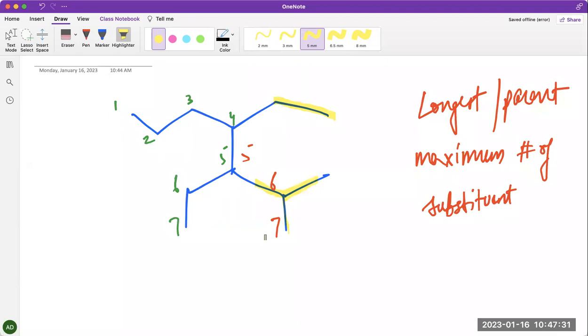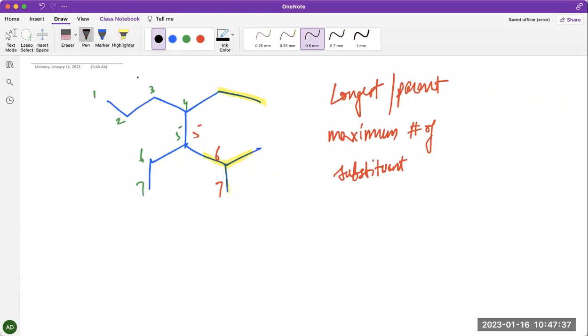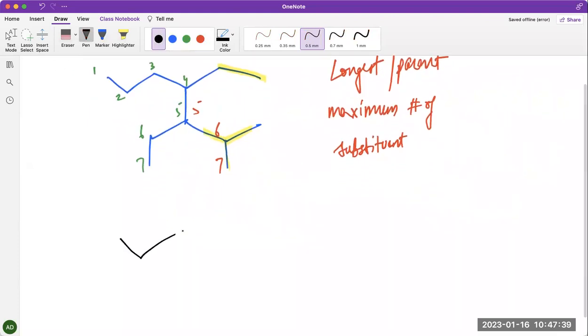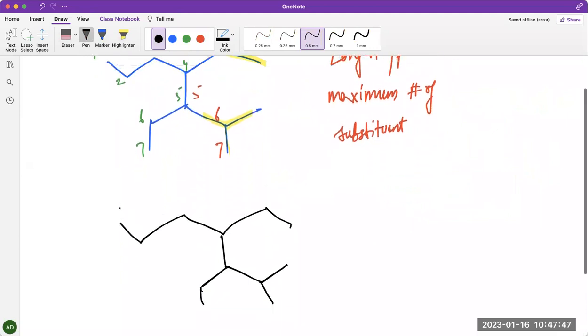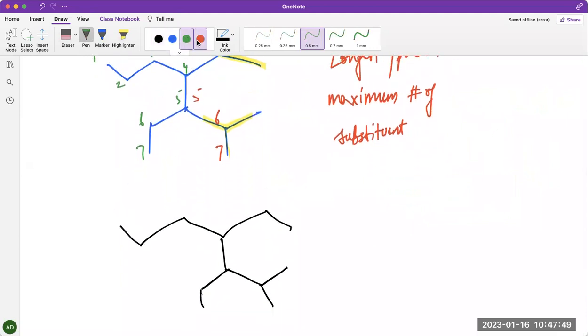If I go the other way, let me actually draw this again so that this makes more sense. For the next option, I don't want to mix this too much. Okay, the other option that we were dealing with was the red one, where we go 1, 2, 3, 4, 5, 6, and 7, right?